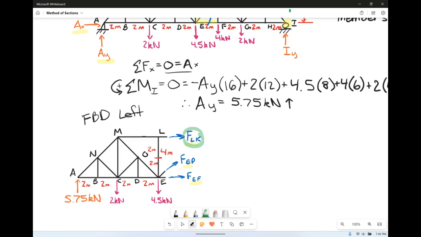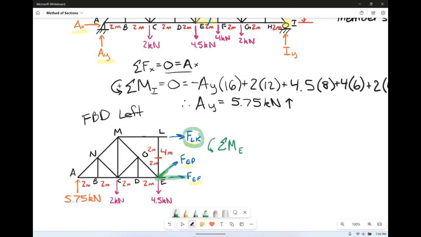The thing that they both have in common, I can follow the direction that they're going forward or backward. I'm going to follow them both backward, and I notice that they both have joint E in common. So I'm going to start by summing the moments at E.